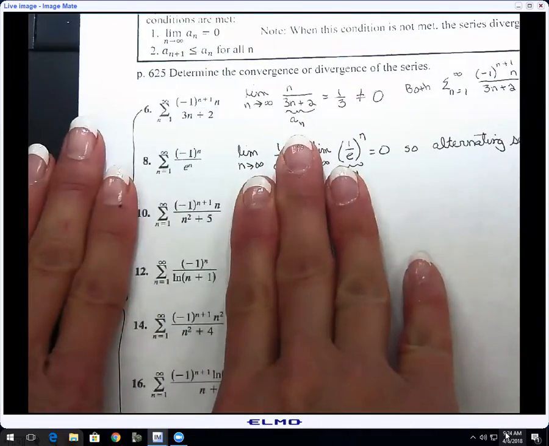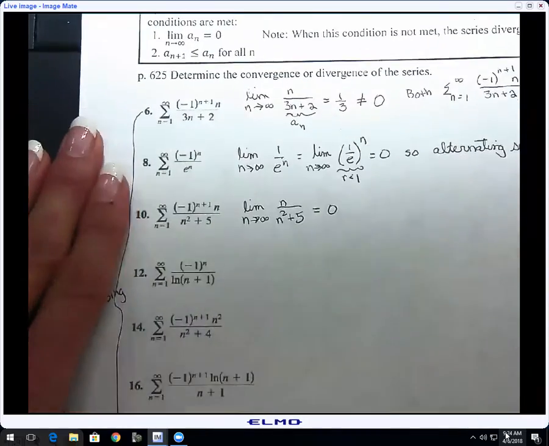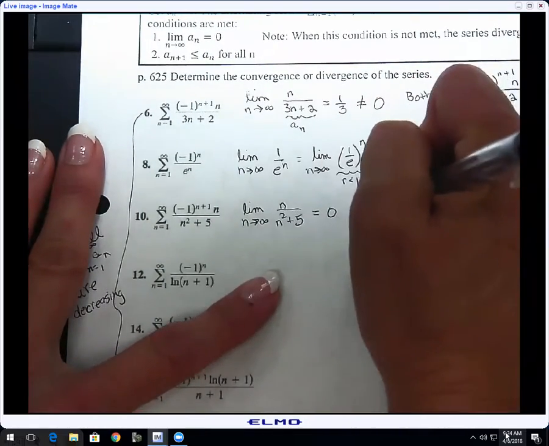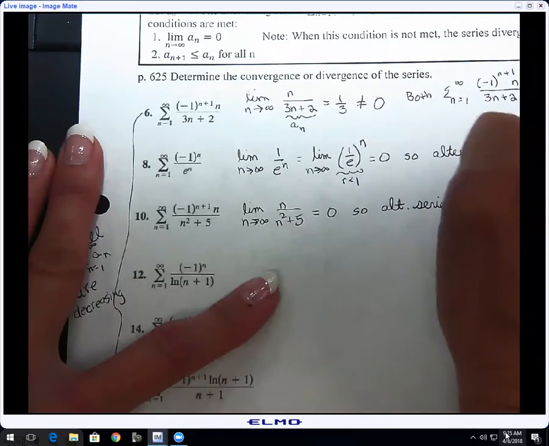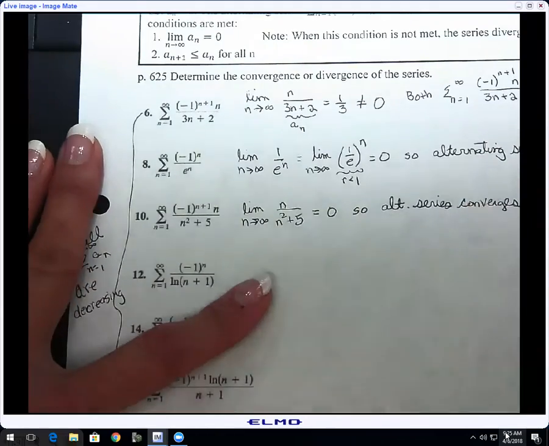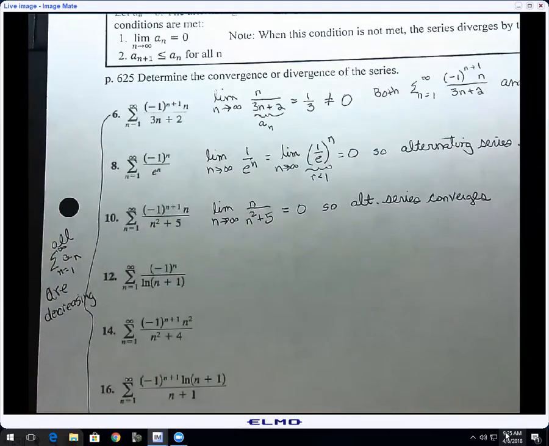It tells us the alternating series converges. And I made myself write not just the word converges, but the alternating series converges, because I didn't want to allow myself to get confused and think I was saying that this converges. I don't know anything about the series n over n squared plus 5. I only know something about the alternating series.